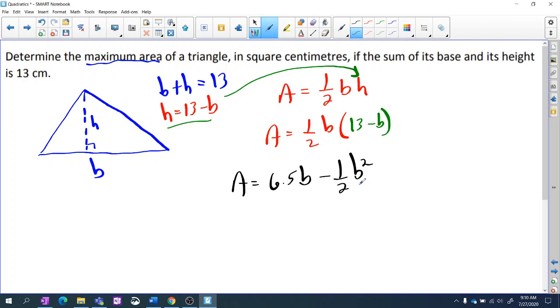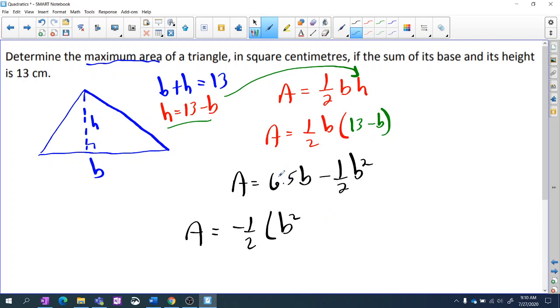So we should be pleased with the result because we've got a quadratic with a negative in front of the b squared, so it opens down. So to answer the question for max area, I just need to rearrange this new function now that I've created and put it in vertex form. A equals, factor out your negative a half.